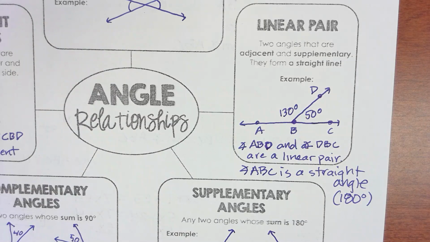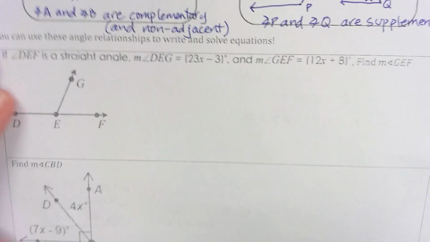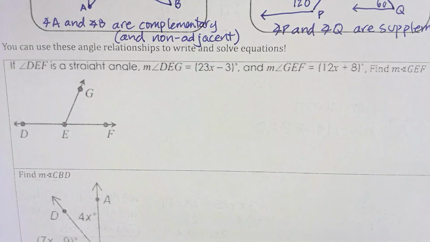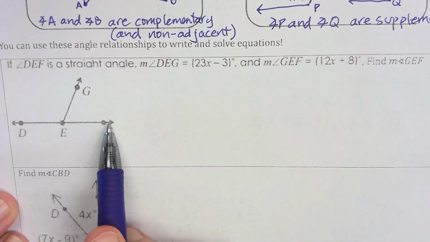Okay. Now, you'll see these vocabulary words regularly, and we'll need to apply these concepts to our work. So let's take a look at a couple problems down here. Angle DEF is a straight angle. That means it's 180 degrees, right?